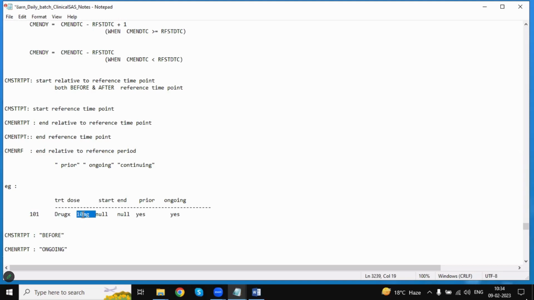Start dates and end dates were not given, but they mentioned it's a prior treatment and still ongoing. So see your STRTPT value: it is before, because it's a prior treatment. Your ENRTPT is ongoing, because it is still ongoing.